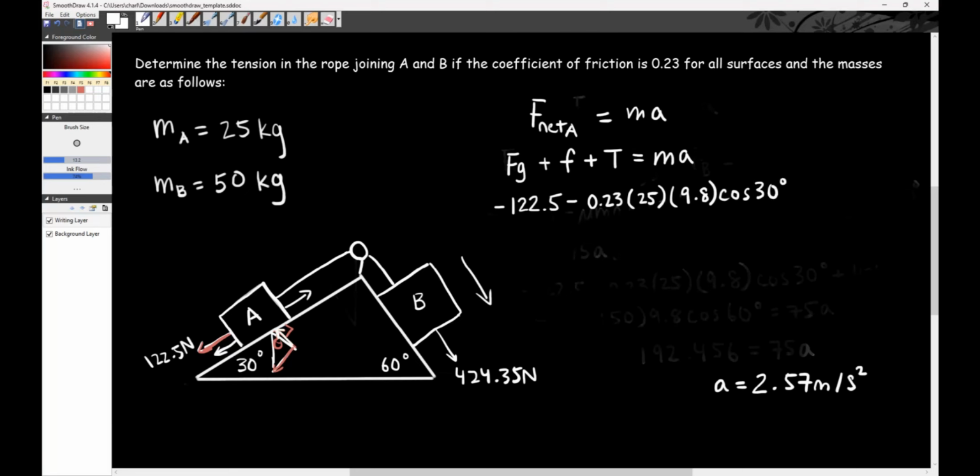So basically what I did, this is mu, this is mg cos 30 degrees, and this is the normal force.